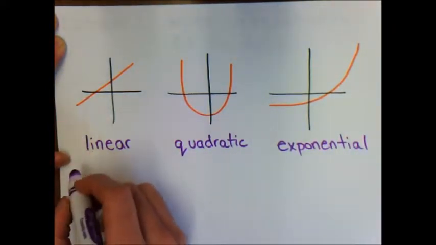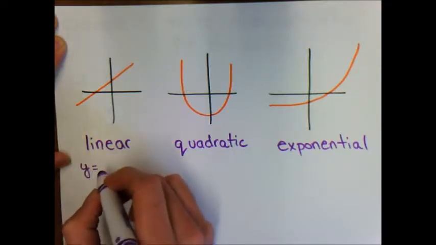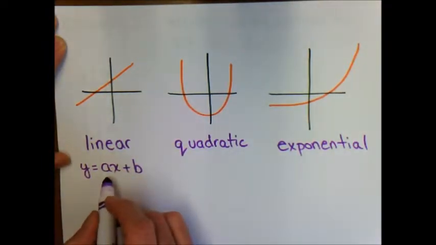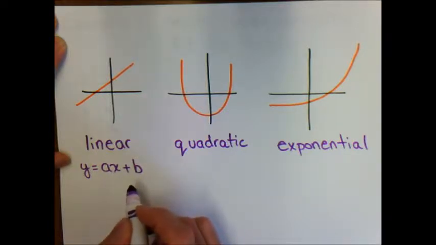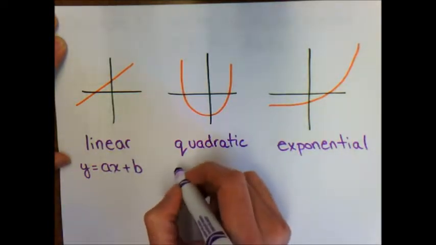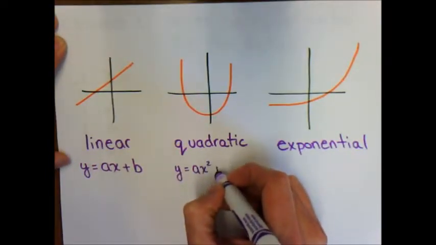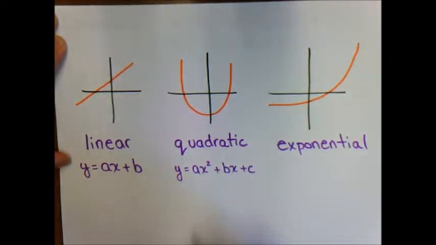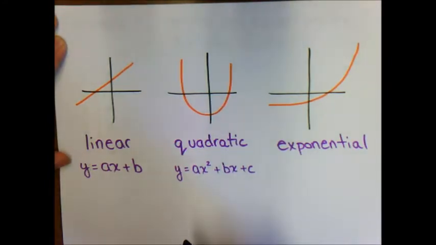And the basic formula for these, hopefully we remember from our early algebra days, y equals ax plus b, or some write it as y equals ax plus c because we like to use c to mean the constant. Then we have the quadratic, y equals ax squared plus bx plus c, again where c is the constant and the highest power of x involved in the quadratic is x raised to the power of 2.